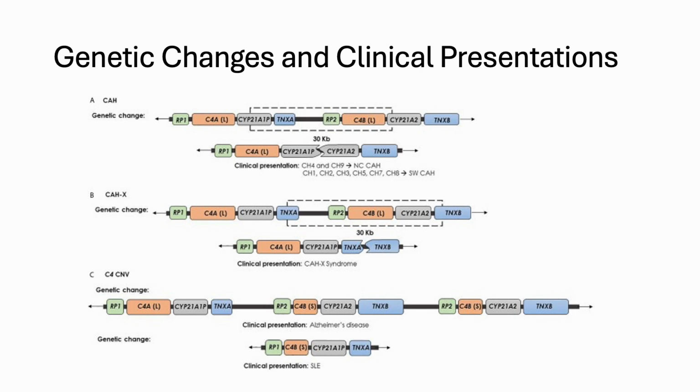In example B, the CAHX chimera is produced by recombination between TNXA and TNXB and produces the complete deletion of CYP21A2 gene, the impairment of TNXB gene, and the deletion of C4B, resulting in CAHX syndrome. In example C, C4 CNV leads to a high C4B copy number, which is an Alzheimer's disease risk factor, and the C4A deficiency is related to SLE.